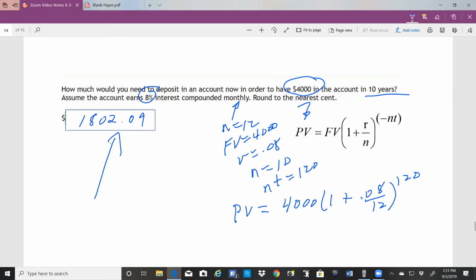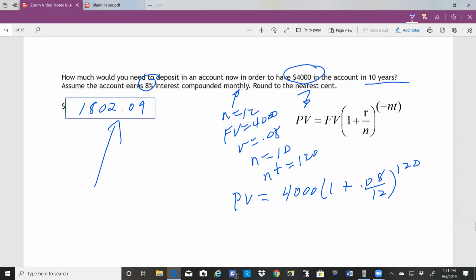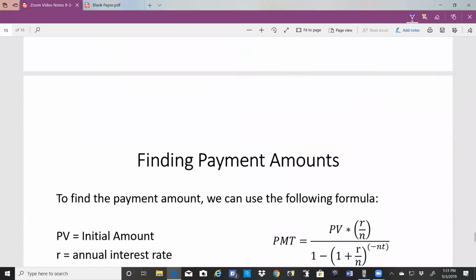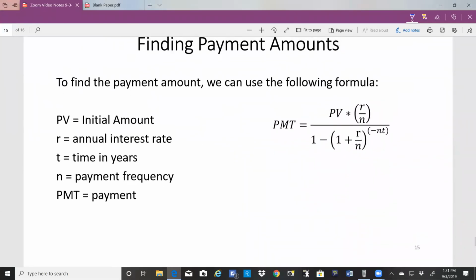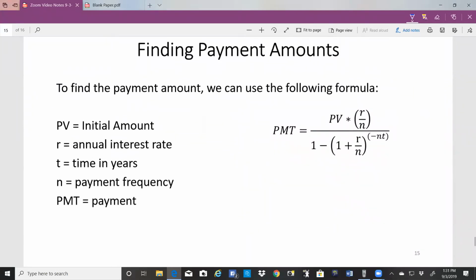And of course, the last thing that we did is figuring out what payment amounts you would have to pay in order to pay off a loan. And here we have this formula. I'd be very careful to put this in correctly in your calculator.